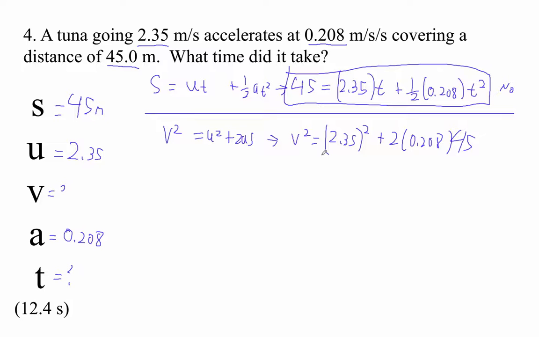Okay, so it's going to be the square root of 2.35 squared plus 2 times 0.208. Now, if you're looking at this and this looks a lot like b squared minus 4ac, yeah, we're doing the same math, only we're just rationalizing it or something, I don't know. Okay, so this final velocity is 4.92366.